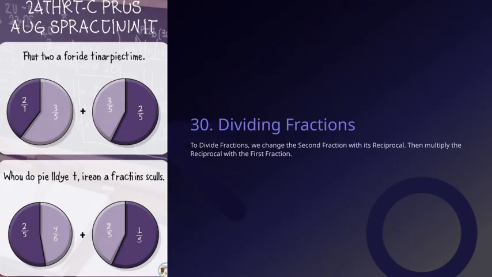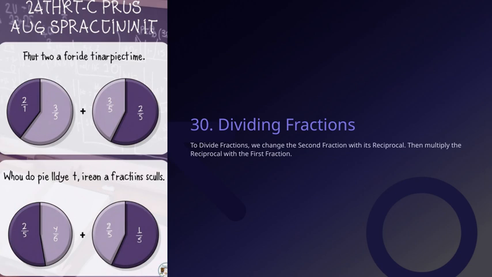All right, let's talk about dividing fractions. When we want to divide one fraction by another, there's a handy trick we can use. Instead of dividing directly, we change our second fraction into its reciprocal. Now, the reciprocal is just flipping the numerator and denominator of that fraction. Once we've done that, we don't divide anymore. Instead, we multiply. We multiply the first fraction by this reciprocal.